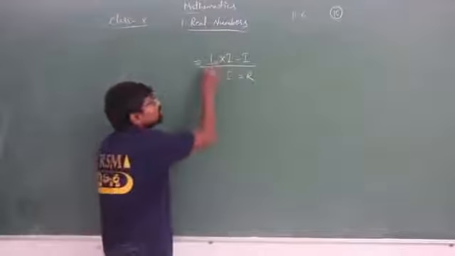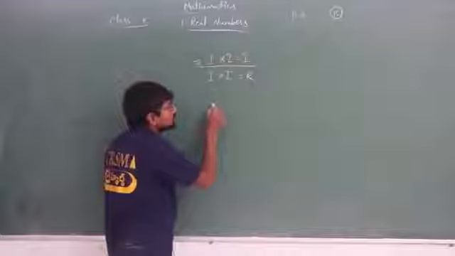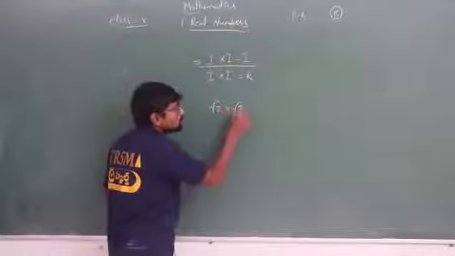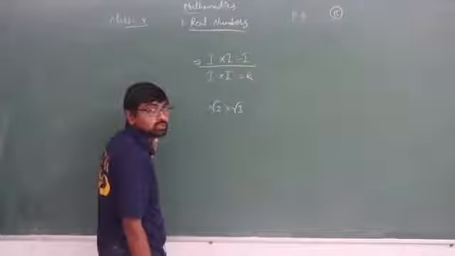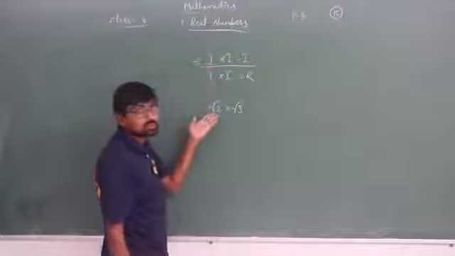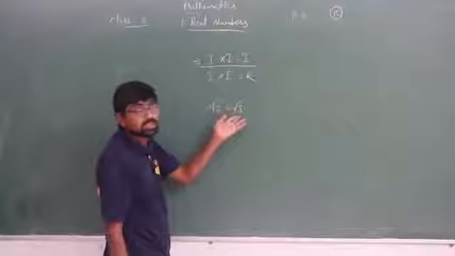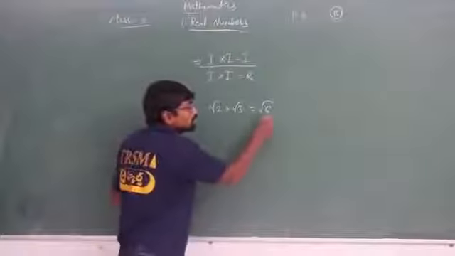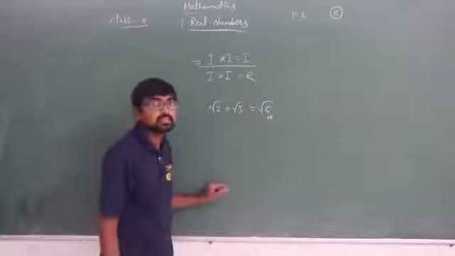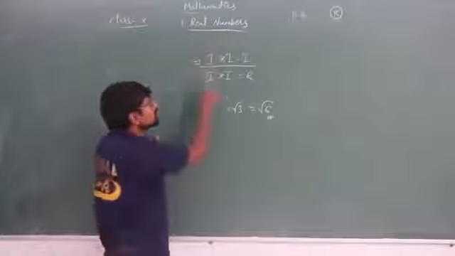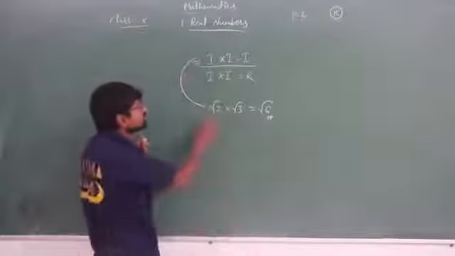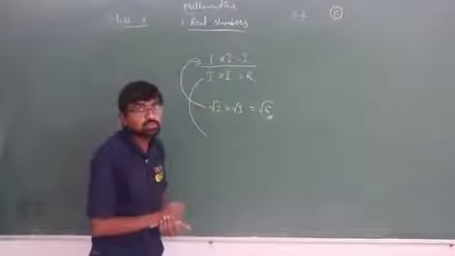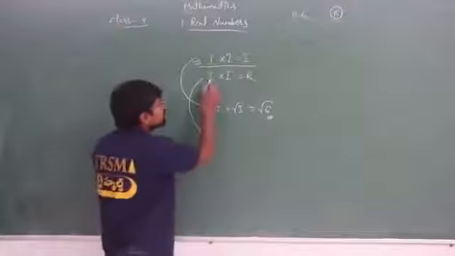How, sir? If you multiply two irrational numbers, that is root 3 into root 2 or root 2 into root 3. First irrational is root 2, second irrational is root 3. If I multiply these both, what am I getting? Root 6. Now tell me, root 6 is rational or irrational? Irrational, it is applicable for the first condition. Second condition, just now I have told you about, isn't it?